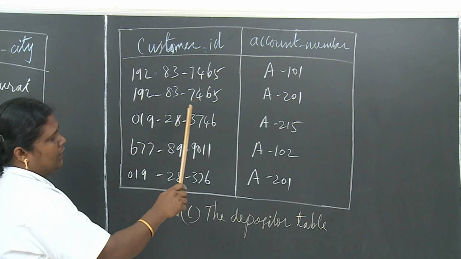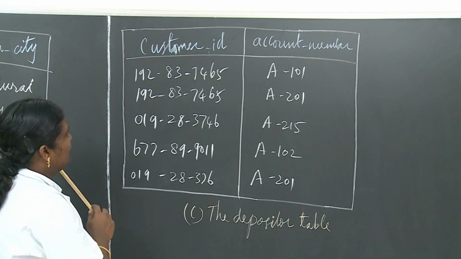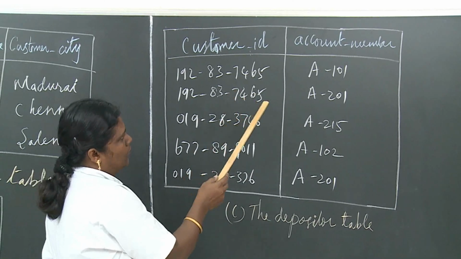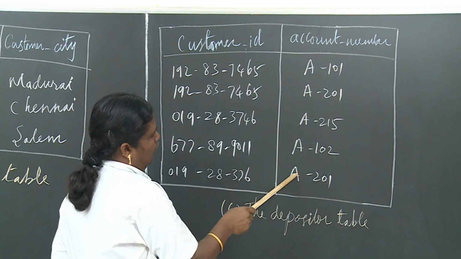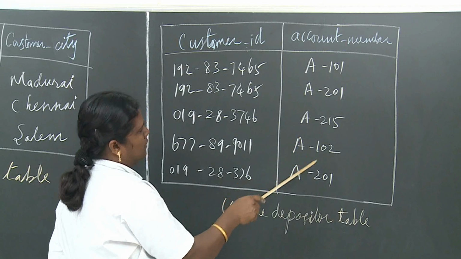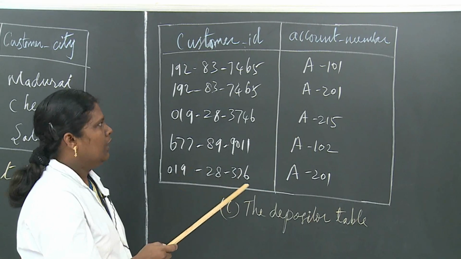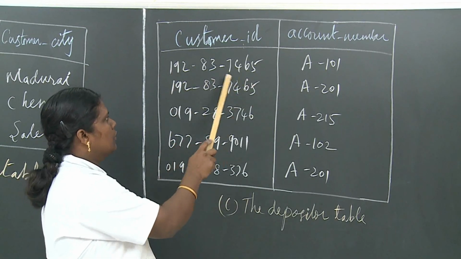While combining the previous two relations, there is a possibility of redundancy, like the account number 201 repeating again. This is the problem. In the same way, the customer ID also repeats.